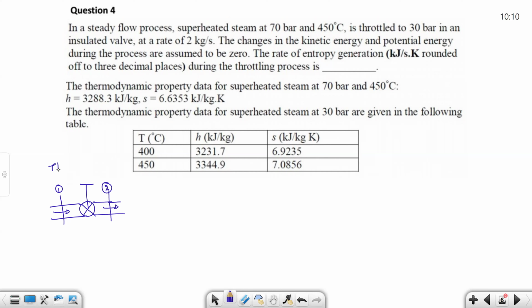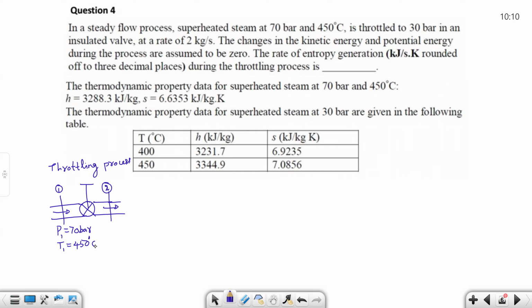It is the throttling process. So the pressure at this point is 70 bar, temperature 450 degrees centigrade.